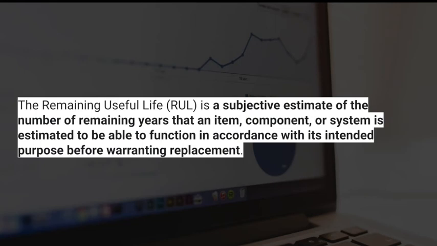All right, I kind of went over this prematurely. The remaining useful life, you'll see it as RUL. It is a subjective estimate of the number of remaining years that an item or component has remaining with its ability to function in accordance with its intended purposes before warranting replacement. So back to my previous example, if you have something again where the cost exceeds 50% or more of the value remaining in its useful life, it is typically and traditionally not worth repairing.